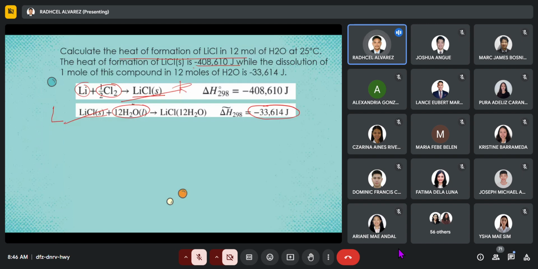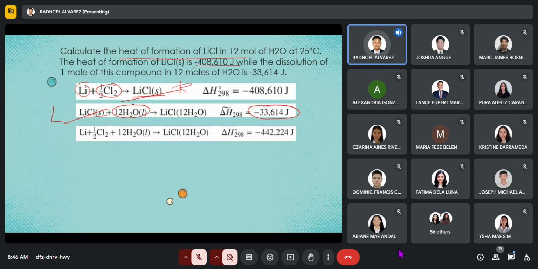And then we can total the equation katulad ng ginagawa natin sa Hess law. So pagsasama-samahin lang natin yung mga natira. So meron tayong lithium plus 1/2 chlorine plus water will yield to this one, yung hydrate form ng lithium chloride. And then, since pinag-add lang natin yung equation, ganun din ang gagawin nyo sa ating mga enthalpy.